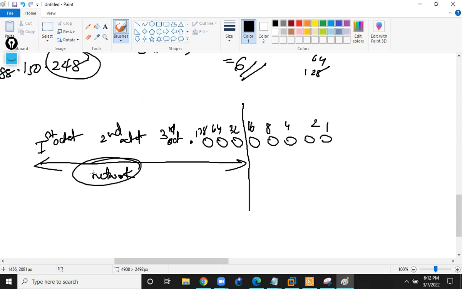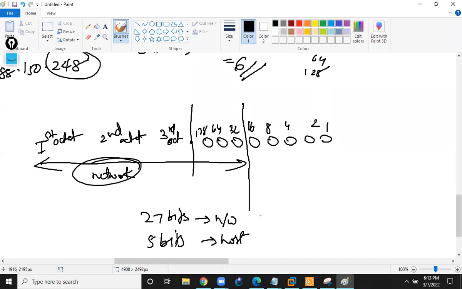Now, 24 you had. Now you have added 3 more bits, so it has become 27. So 27 bits are there for the network, and 5 bits are there for the host.